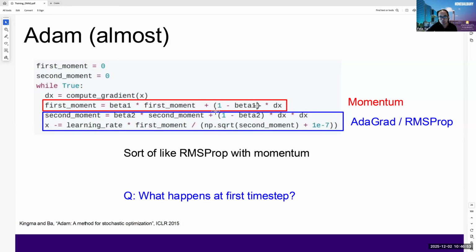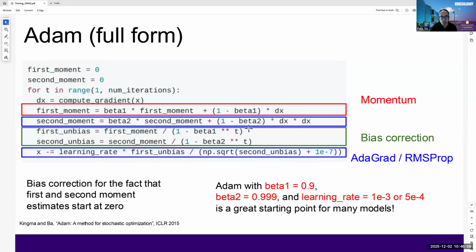And you scale with 1 minus beta 1 and 1 minus beta 2 here, right? So you are going to keep multiplying by 1 minus beta 1 and 1 minus beta 2.